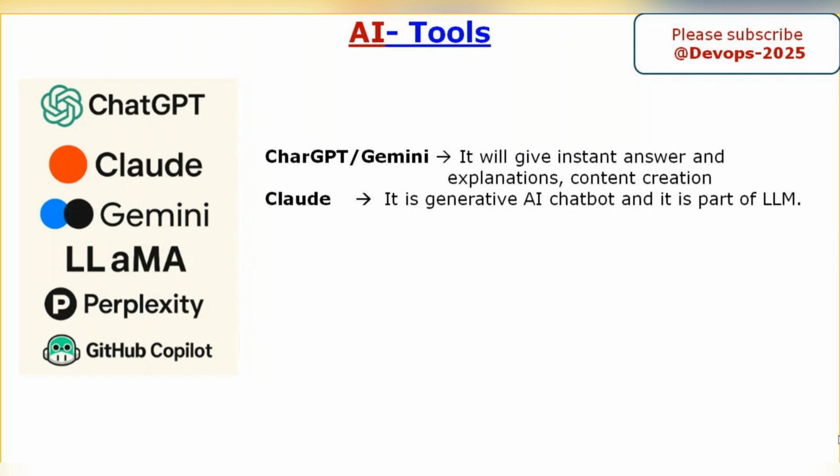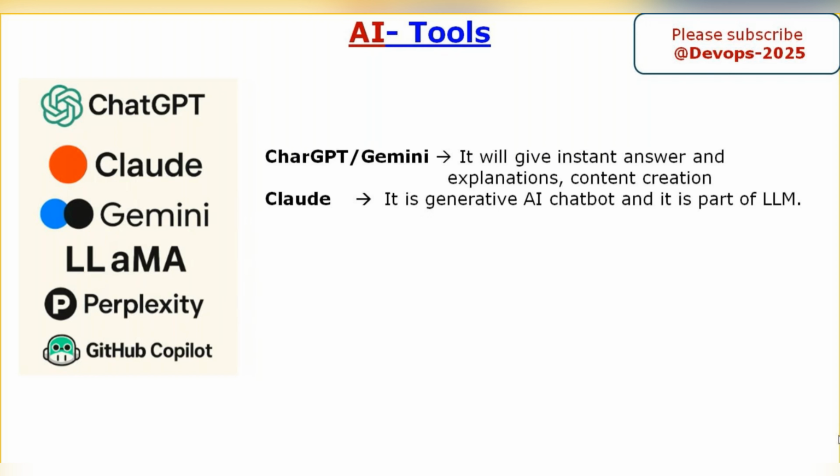For example, if you want to write shell scripting, a Jenkins pipeline or an Azure DevOps YAML based pipeline, or even Ansible playbooks, Kubernetes manifest files, PowerShell scripting, Perl scripting, or Python scripting, whatever it may be, based on your requirement, if you give the question, which is called prompting, it will give the exact code required for your requirement.